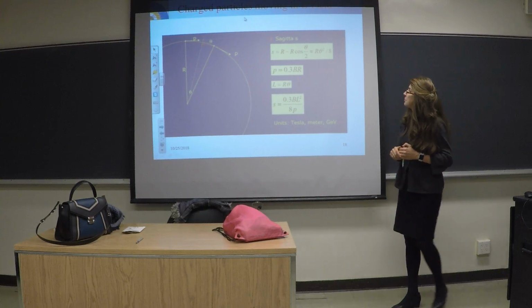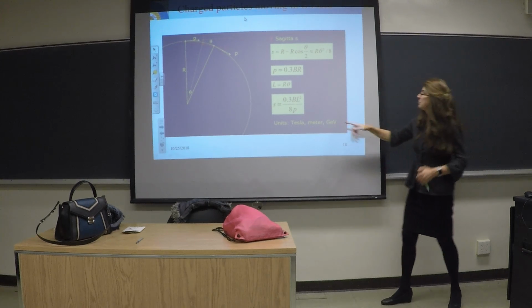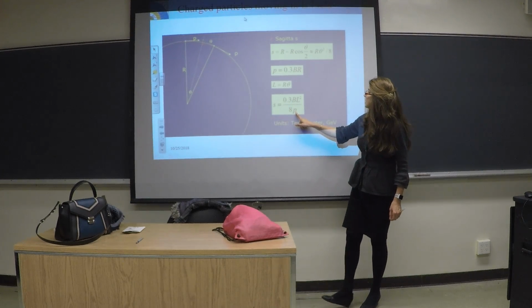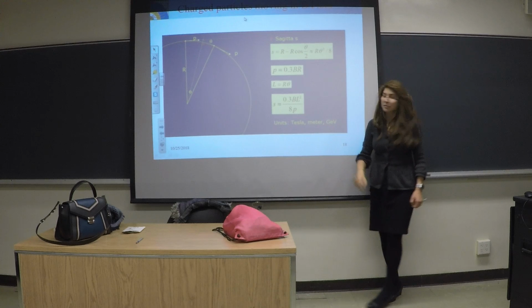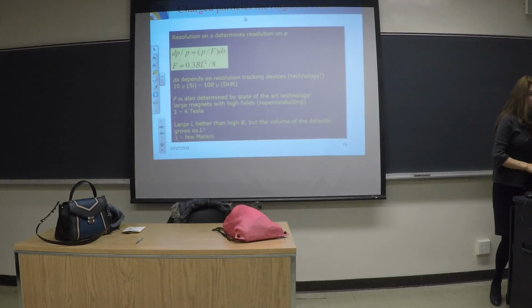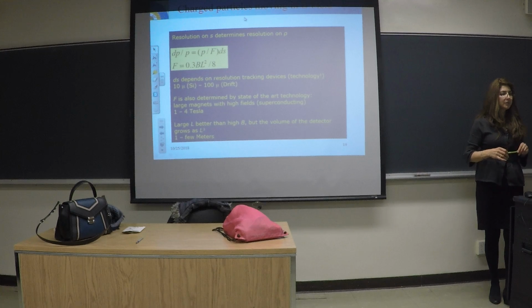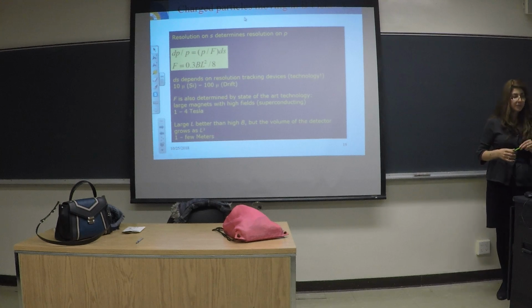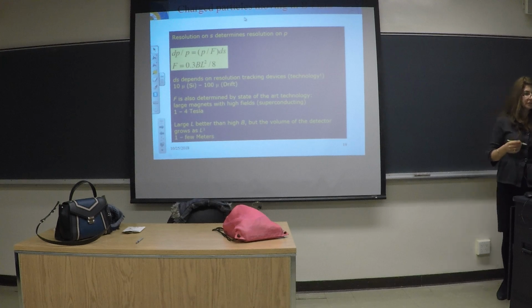So why is that important? First, it connects the spatial resolution to the momentum resolution that I need, because I need to know how accurately I'm able to measure these things. The resolution on S determines the resolution on P. So I want S to be as small as possible in order to have a very good resolution on the momentum of my particle.